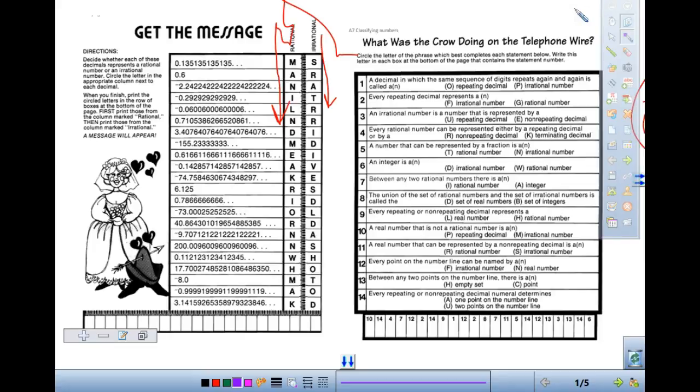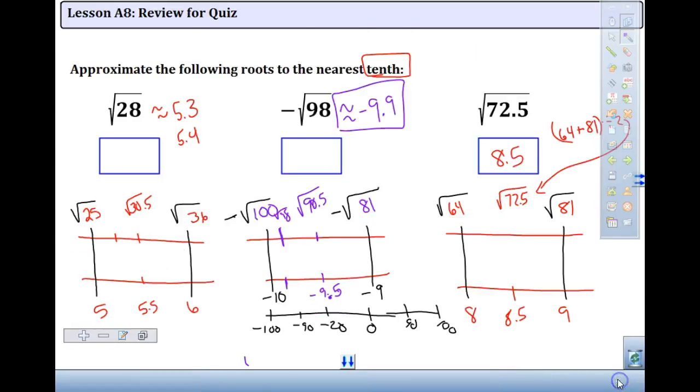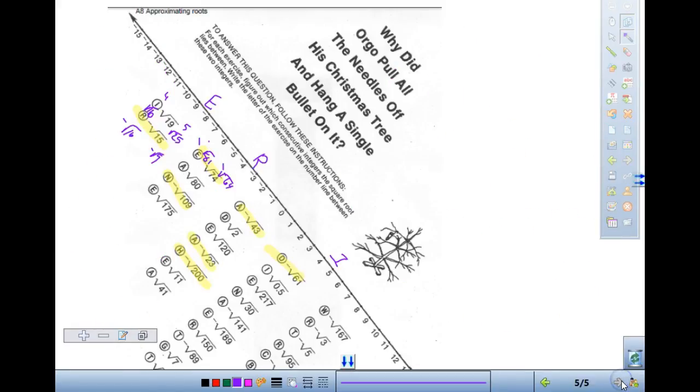The quiz is not hard. You will have the whole period. If you practice your squares and cubes, you have to do 1 squared through 20 squared, and you have to do 1 cubed through 10 cubed. Okay? If you need to repractice more of those, if you finish the homework, that's what I would recommend.